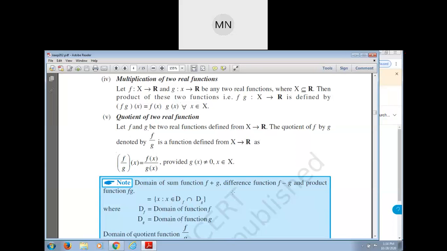See that f and g are two functions, and we can define another function by adding, by subtracting, by multiplying the two functions. And here the domain of that function is what? X belongs to D f intersection D g. Okay, here D f is what? Domain of the first function, and D g is what? Domain of the second function.